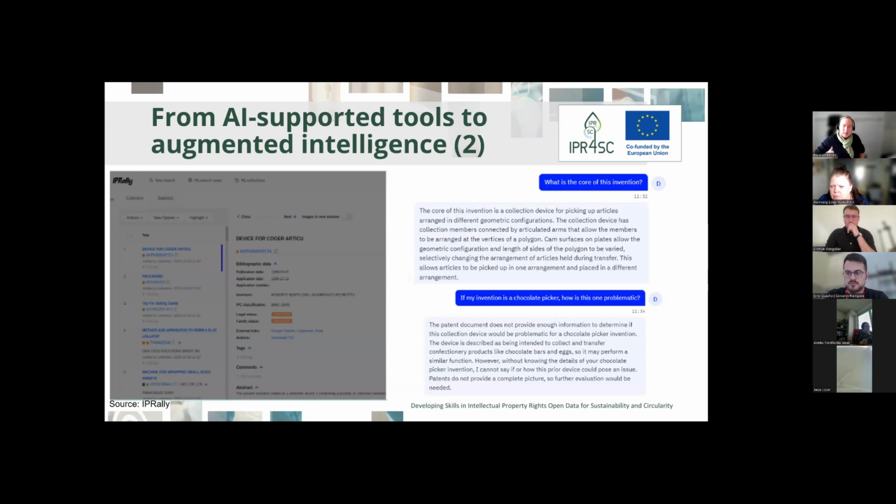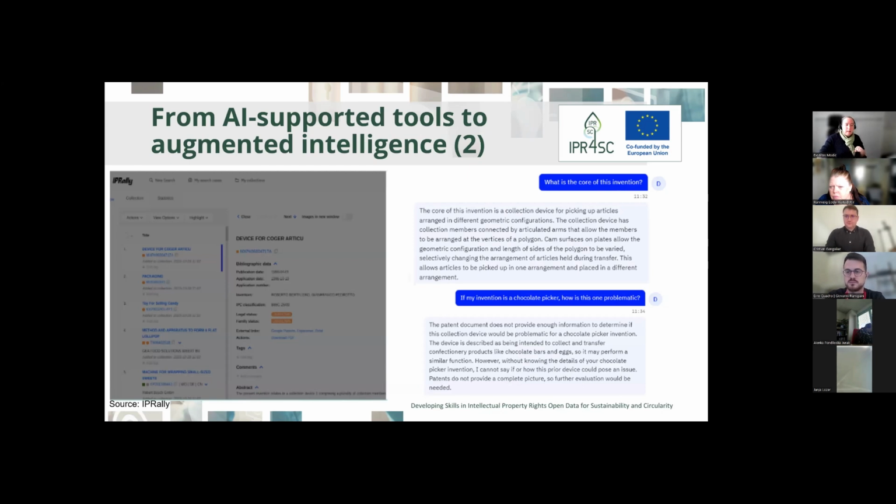Here I was asking what is the core of this invention, trying to speed up my understanding of this. And then the second question also showcases that you need to give it sufficient information, right? It says here at the end, however, without knowing the details of your chocolate picker invention, I cannot say anything more, right?